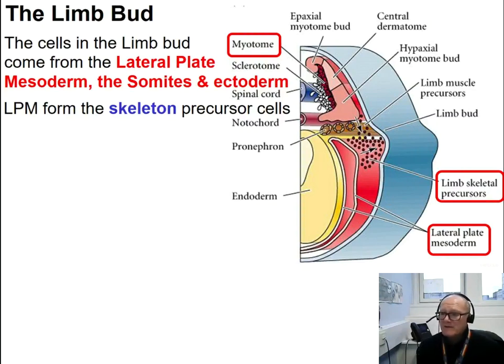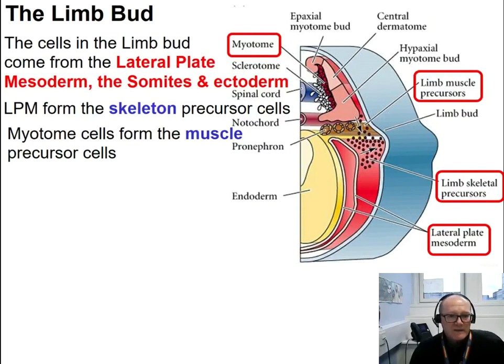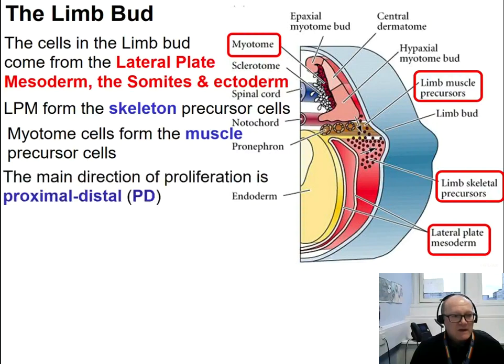If you remember, we mentioned this last lesson, saying that the lateral plate mesoderm is responsible for the formation of different things, including the bones of the pelvic region and the limbs. Again, the myotome provides cells that form muscles, and of course the external ectoderm, here in blue, provides cells for the epidermis of the growing limb.